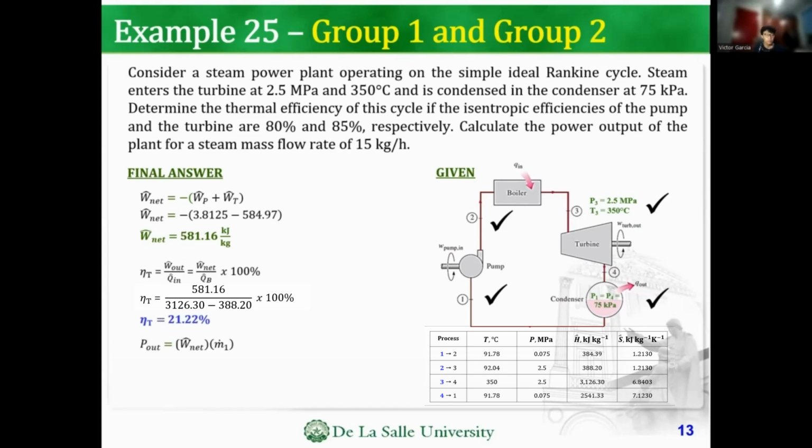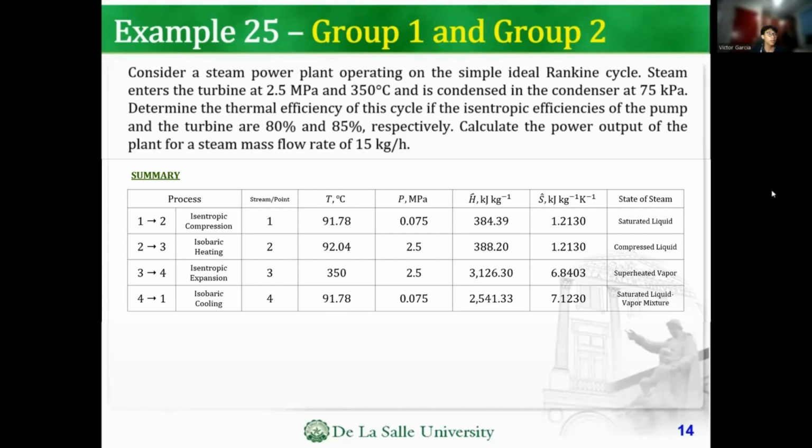For the power output, it is equal to the specific work net times the mass flow rate. So 581.16 kilojoules per kilogram times 15 kilograms per hour. So the power output is 8,717.35 kilojoules per hour.